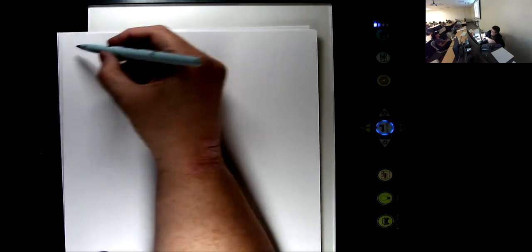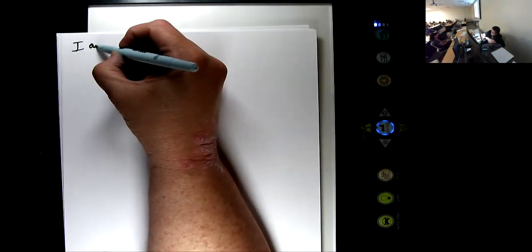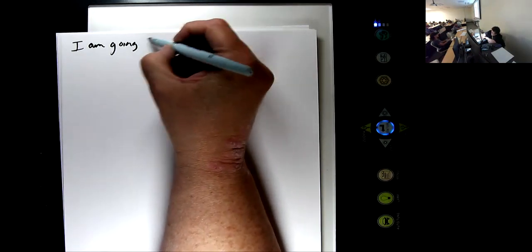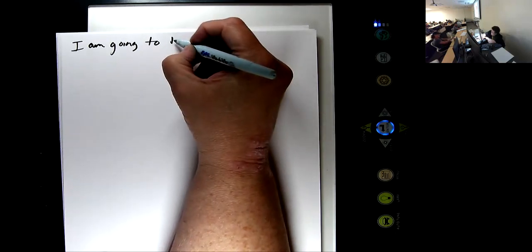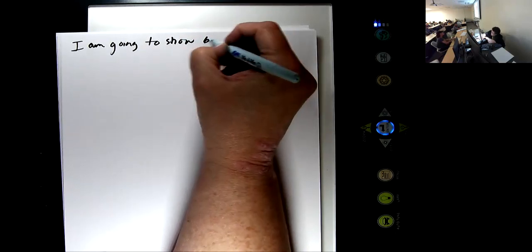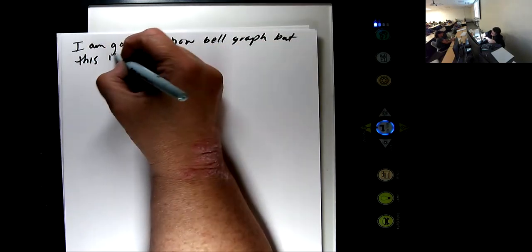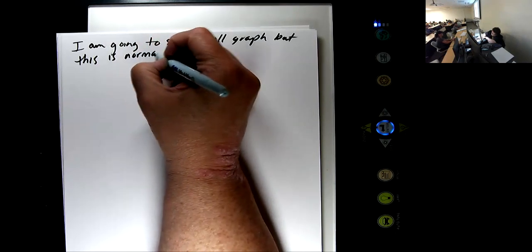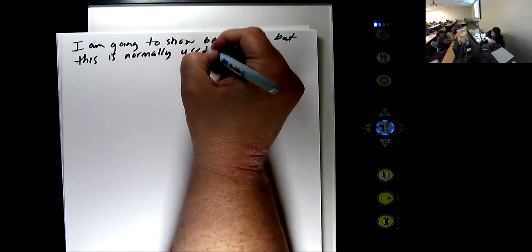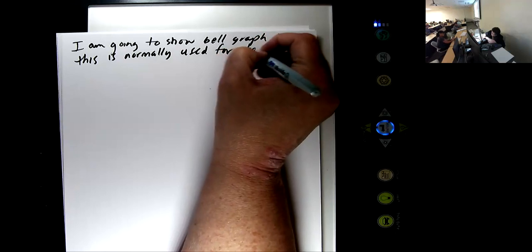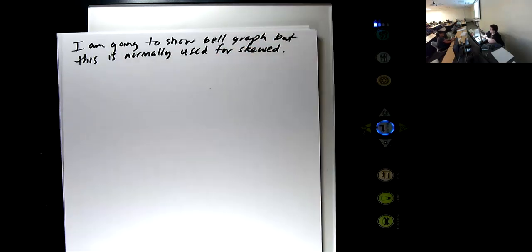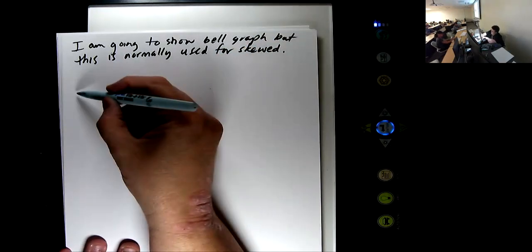Even though we normally use this for skewed graphs, I'm going to show a bell graph example because everything's even. But the concepts of percentile and quartile are fairly straightforward.